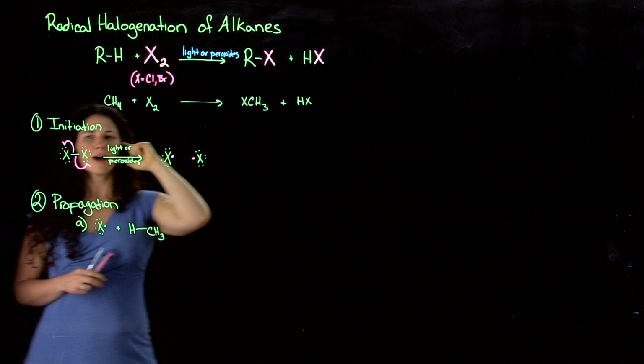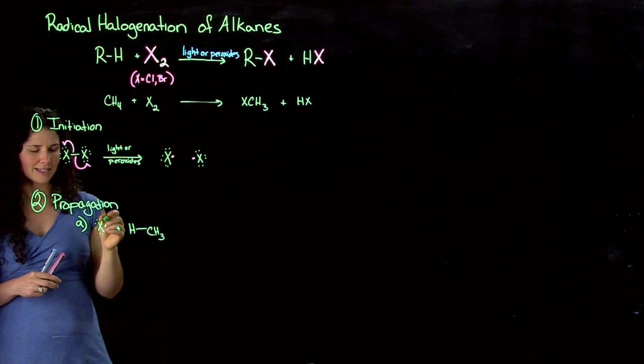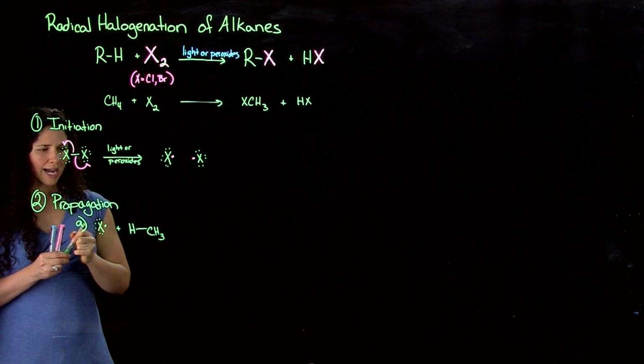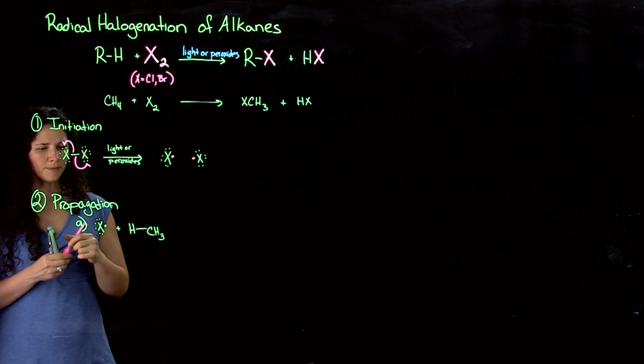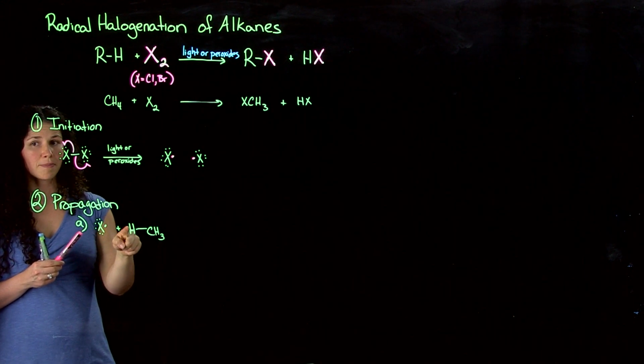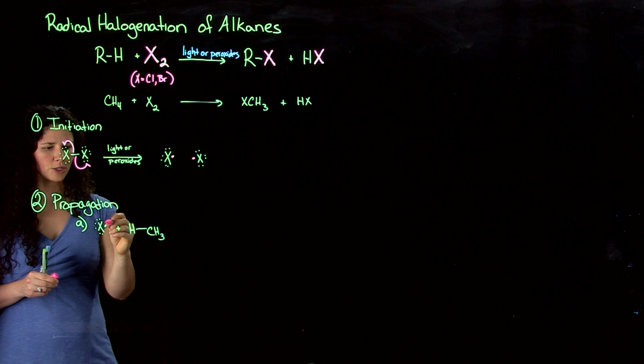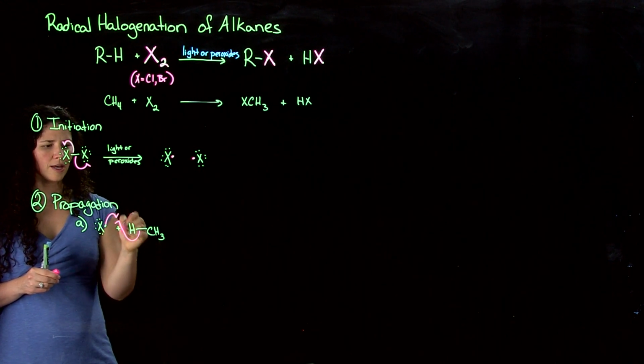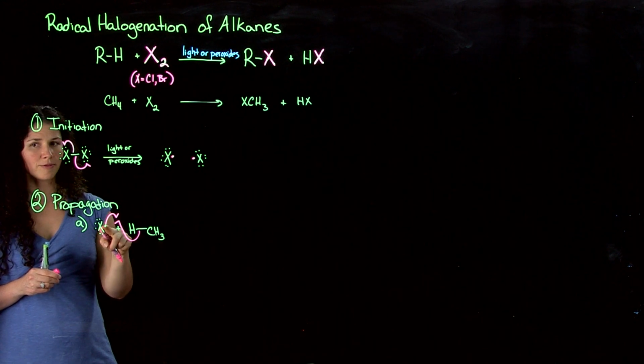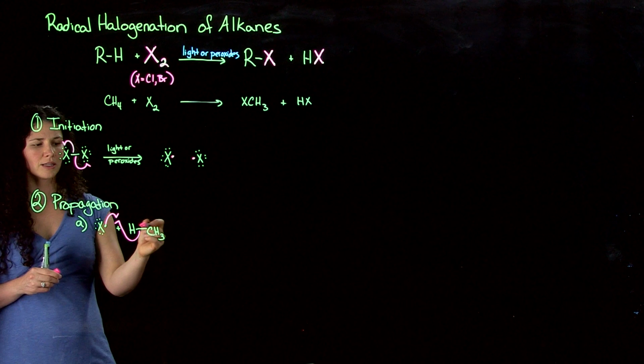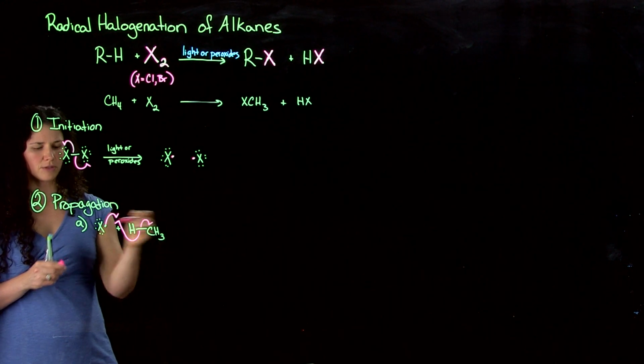So I'm using methane as my alkane. Now, this hydrogen-carbon bond is going to be broken, and the halide is going to bind to the hydrogen. I'm going to use my fishhook arrows to show that one electron from hydrogen and one from the halogen are going to come together and form a bond. But there's still one electron left in this bond, and it's going to be left on the carbon.